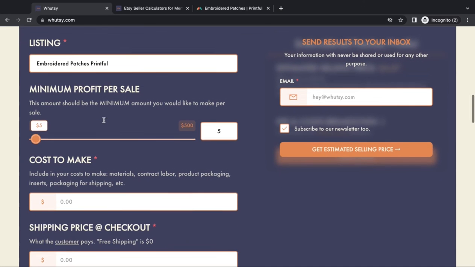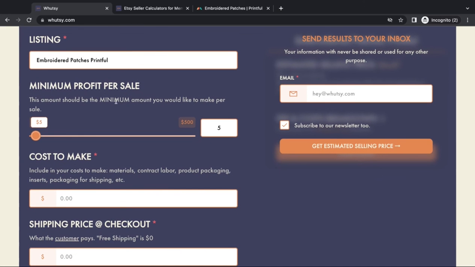The next thing is a very important amount to consider, your minimum profit per sale. This amount should be the minimum amount you wish to make per sale. So someone buys this patch, how much money do I want to make? I say minimum because not everyone's clicking through an offsite ad.